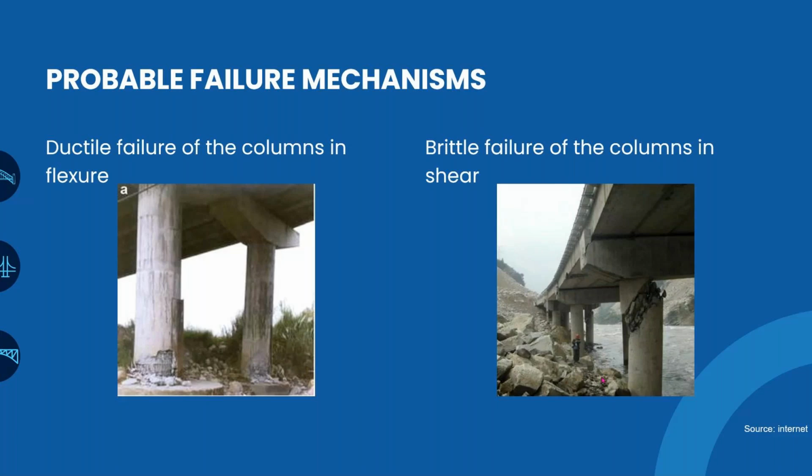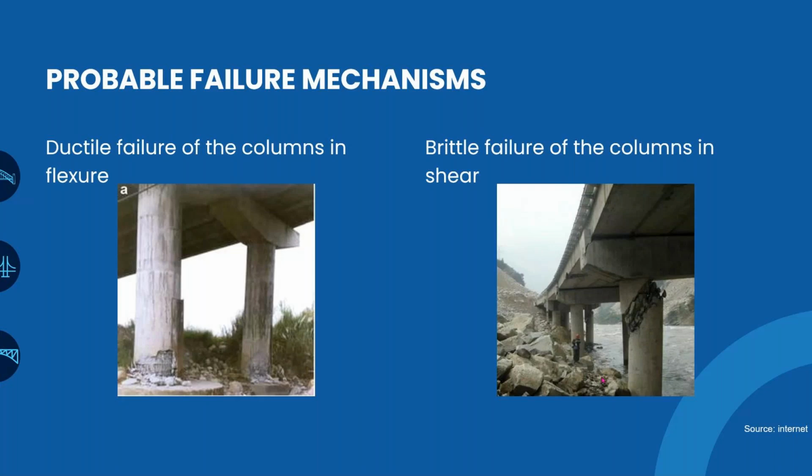On the left, you see the ductile failure of the column in flexure. This is a very common type of failure that we observe. At the bottom, we can see that the concrete has failed, and it means that it is a region where the plastic hinge is formed. That is, at that particular part of our structure, the concrete has gone into the plastic region and the plastic hinge has developed.